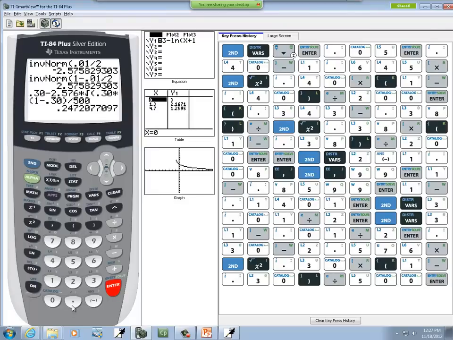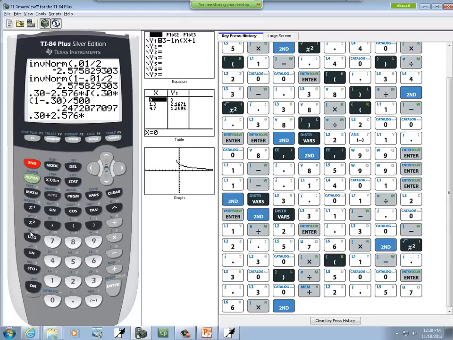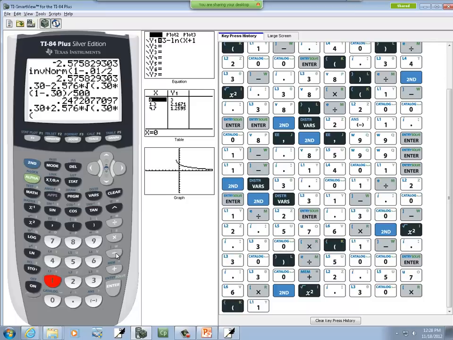So if I come over here, I do 0.30 plus 2.576 times second x squared, square root, 0.30 times, beginning parentheses 1 minus 0.30, closing parentheses, divided by 500.